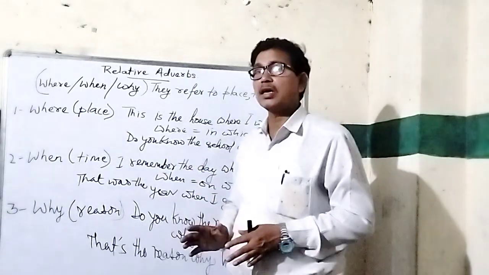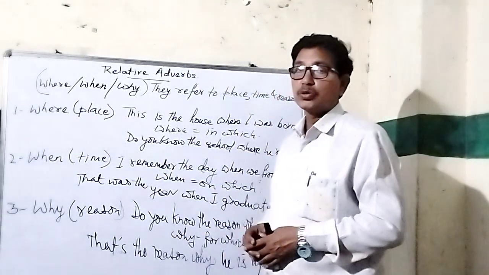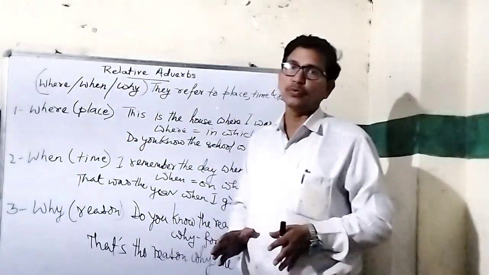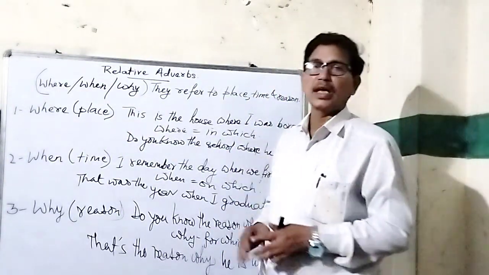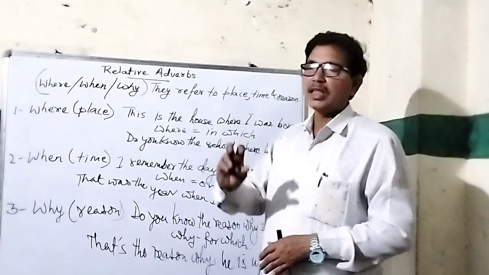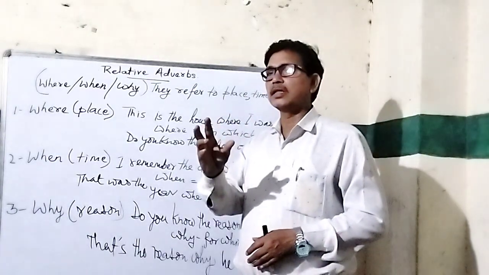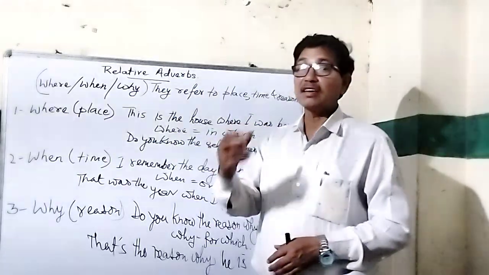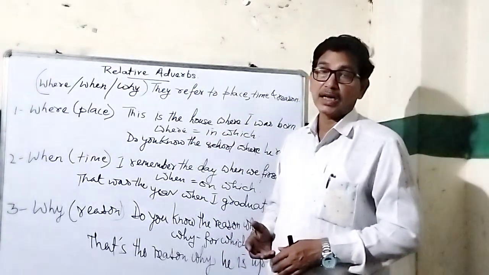But here I am talking about relative adverbs. So as a relative adverb, where, when, why will be used, how will not be used as a relative adverb, because when we use how, it functions as a noun clause, not as an adverb clause.